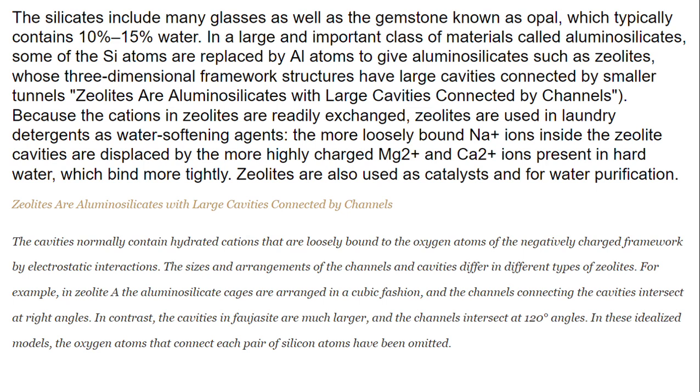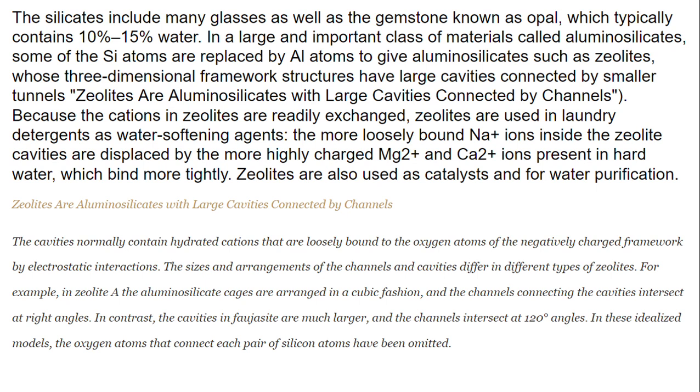Zeolites are aluminosilicates with large cavities connected by channels. The cavities normally contain hydrated cations that are loosely bound to the oxygen atoms of the negatively charged framework by electrostatic interactions. The sizes and arrangements of the channels and cavities differ in different types of zeolites.